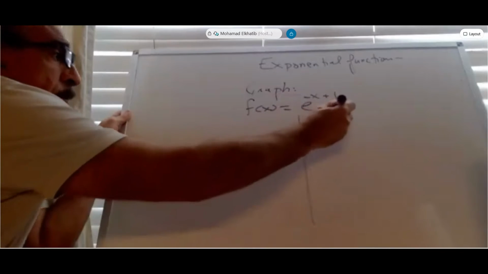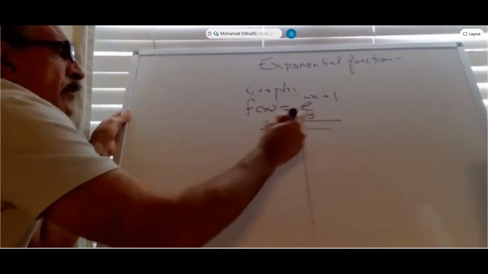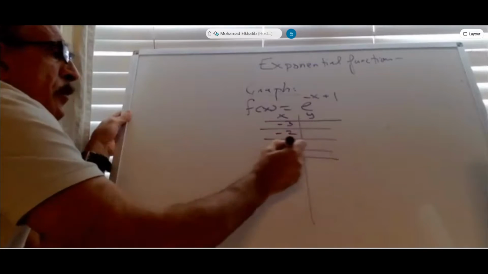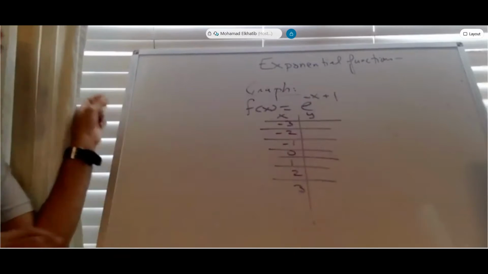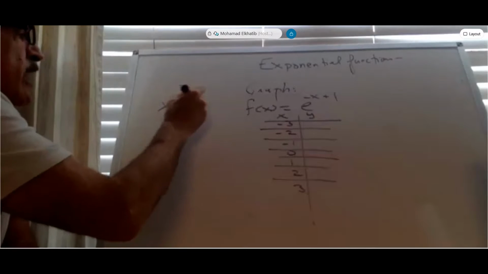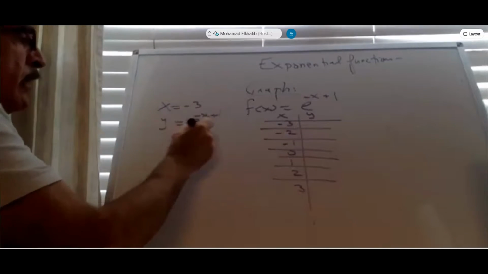Okay? So I don't know what the graph is going to look like, so I'm going to make a table. I'm going to pick some negative numbers, 0, and positive numbers. Okay, I'm going to do 1, then I want to calculate. X is -3. So what does that mean?